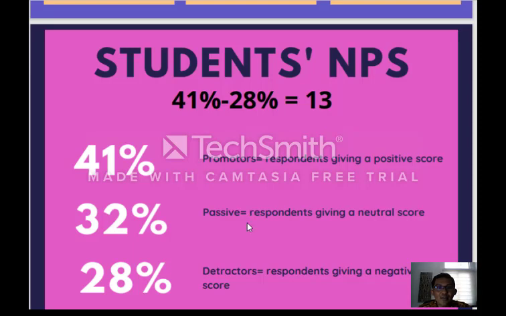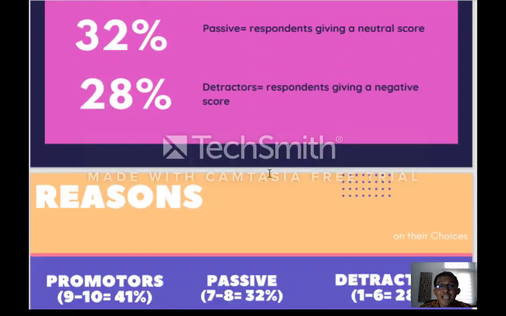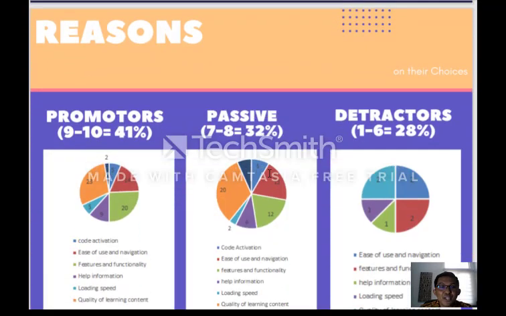Like what I explained before, the NPS is generated from the percentage of promoters minus the percentage of detractors, 28. So, the students' NPS is 13. Okay, so we have some reasons here for each category.